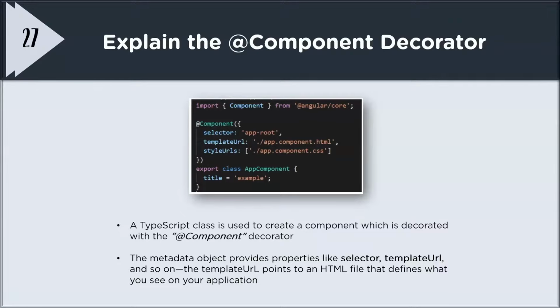Now the image above shows an app component, which is a pure TypeScript class decorated with the @Component decorator. The object that gets accepted by the decorator provides properties like templateUrl, selector, styleUrls, and many more. Now here the templateUrl property points to an HTML file defining what you see on the application.